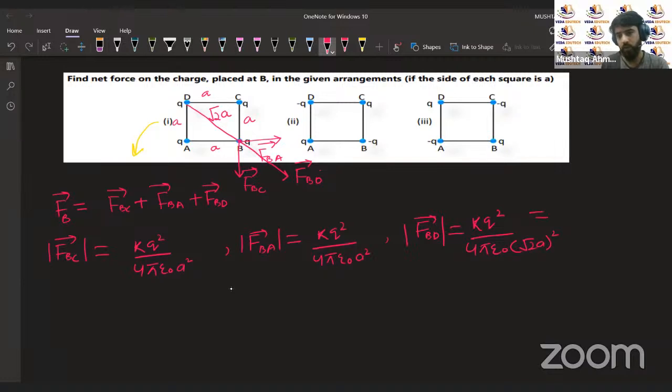So it will be KQ square upon 8 pi epsilon naught A square. So these will be the magnitudes of the three forces acting on the charge placed at B.